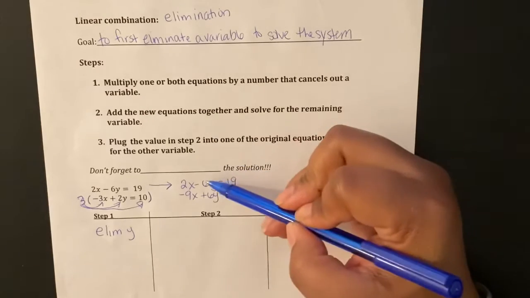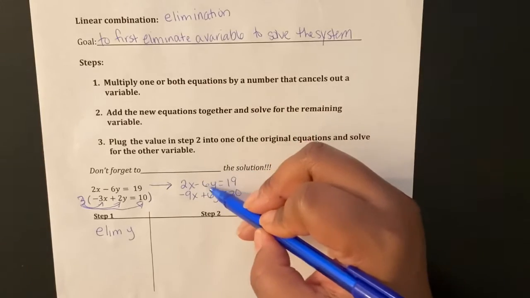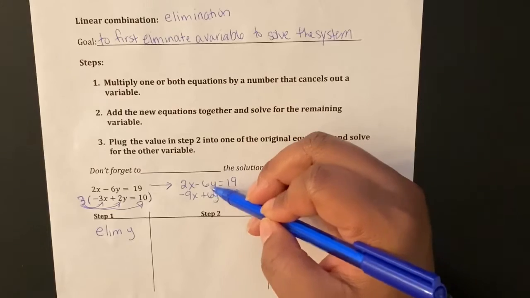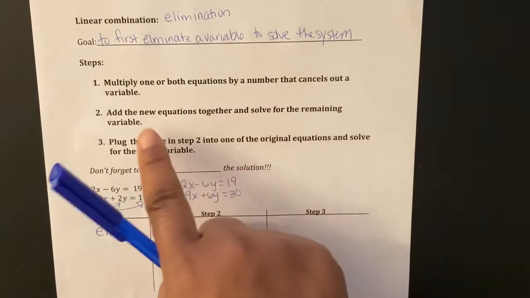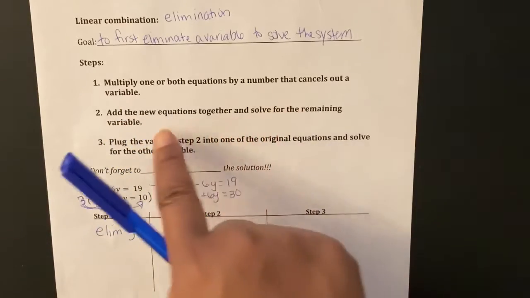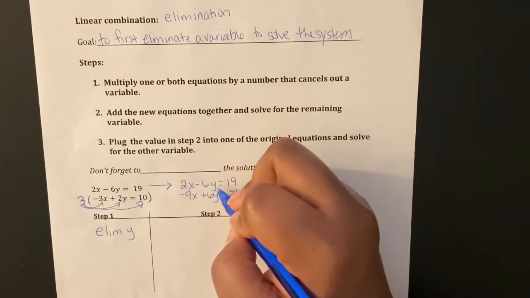Now, as you can see, I am going to be able to eliminate my y because I have negative 6y and positive 6y. When you have two of the same thing that have opposite signs, they cancel out. So step 2 says add the new equations together and solve for the remaining variable. So I eliminated y, therefore I'm going to be solving for x.